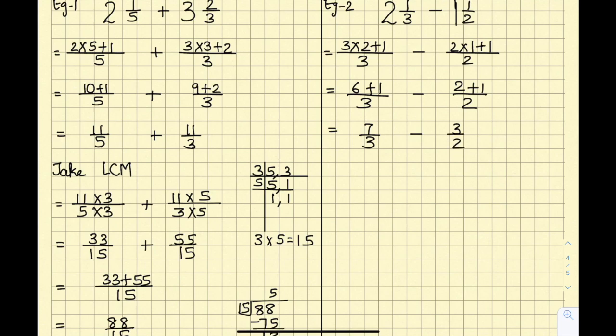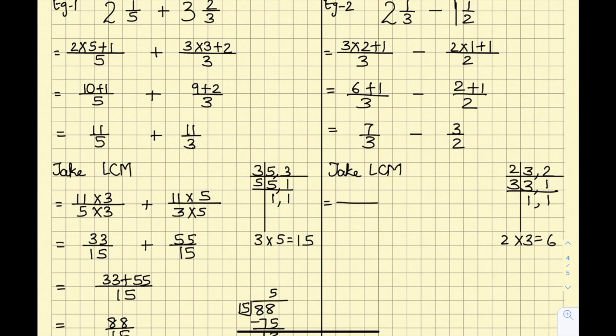Here the denominators 3 and 2 are different, so what we do is we take the LCM. 3 and 2. In the table of 2 we don't get 3, 2 ones are 2, 3 ones are 3. So the LCM is 2 threes are 6.